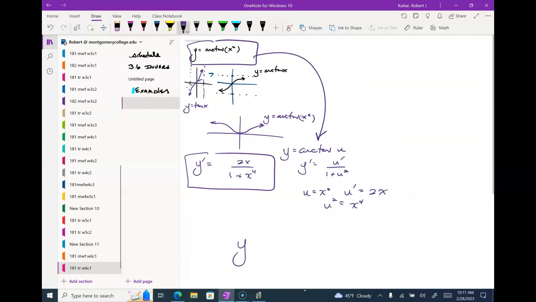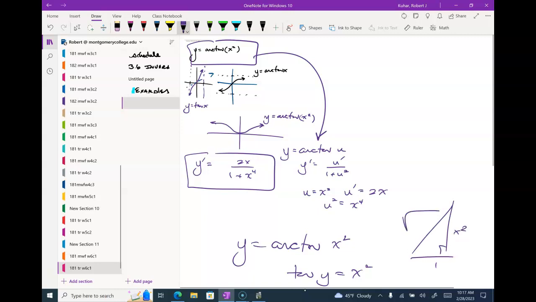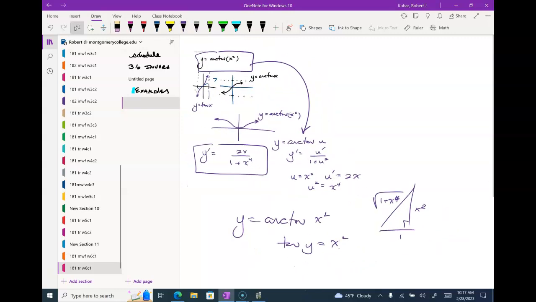So here, y equals arctan of x squared gives me what? Tangent of y is x squared, right? So the triangle now looks like x squared over 1, and this side would be the square root of 1 plus x to the fourth. Oh, x fourth. Yes, Min, you were right. Sorry, thank you. And look at the answer.